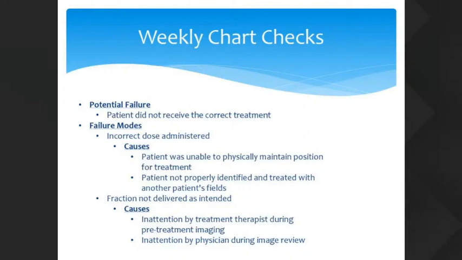The causes can be multiple. For the first failure mode, we identified patient was unable to physically maintain the position for the treatment, or patient not properly identified and treated with another patient's fields. For the second failure mode, fraction not delivered as intended, there were 2 causes identified: inattention by treatment therapist during pre-treatment imaging, or inattention by physician during image review.